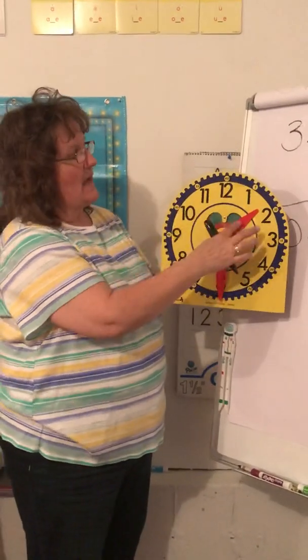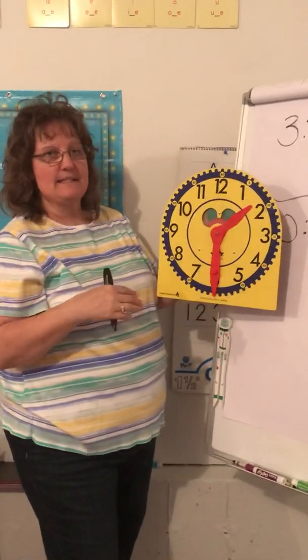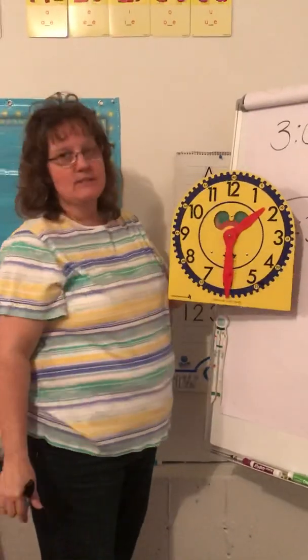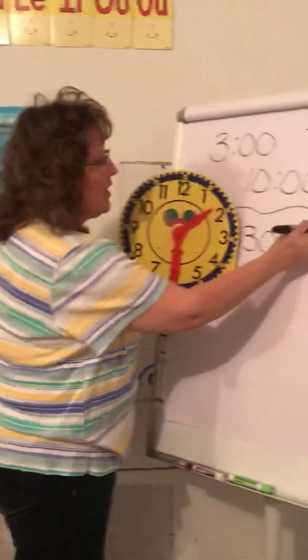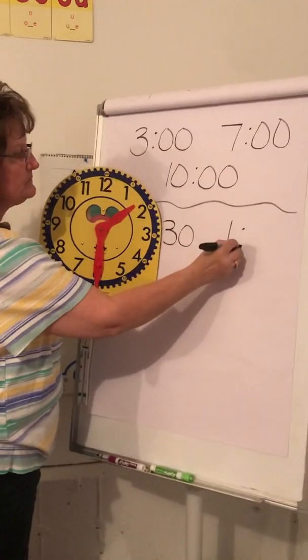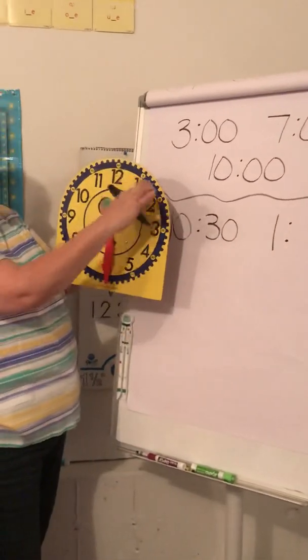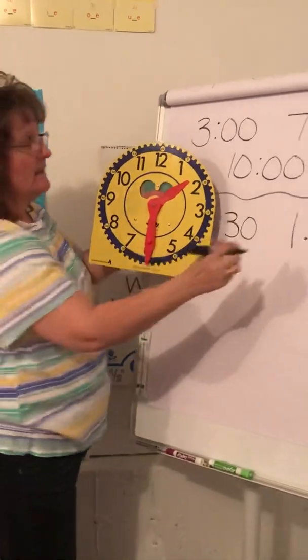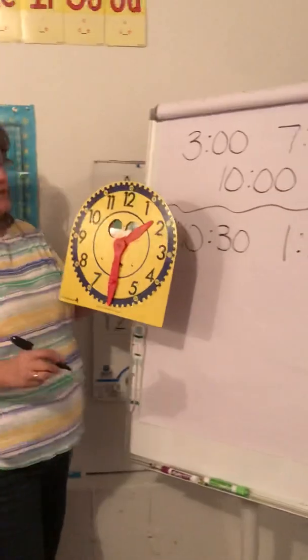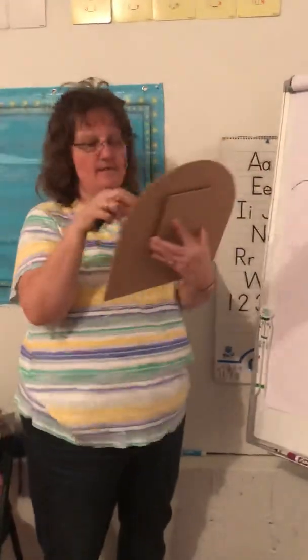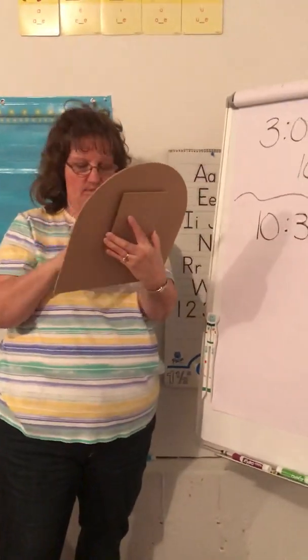See how the hour hand moved by itself, but it's not to the 2 yet. So it's still 1, and we just counted by fives. 30. 1:30.